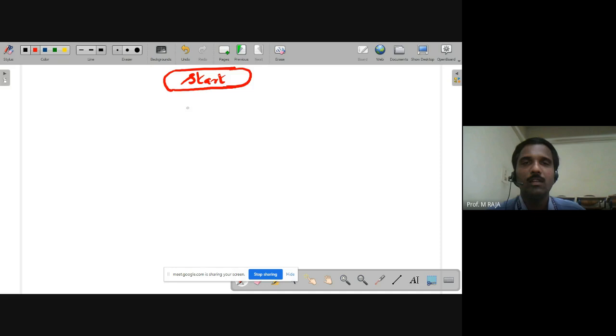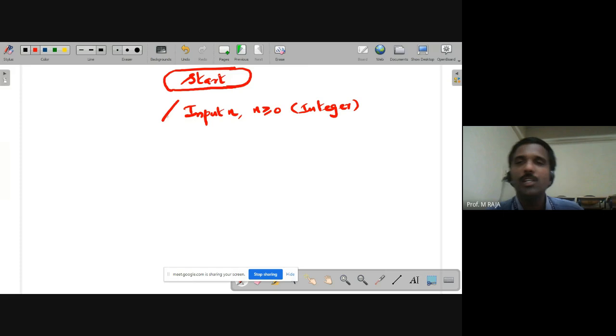Then read the value of n. Input the non-negative integer, right? That means n can be greater than or equal to 0. n must be an integer. Input operation, so it should be drawn in the parallelogram symbol.